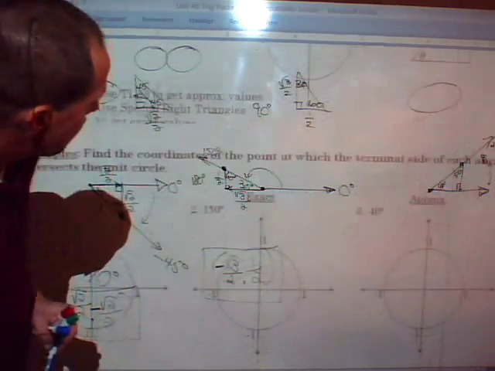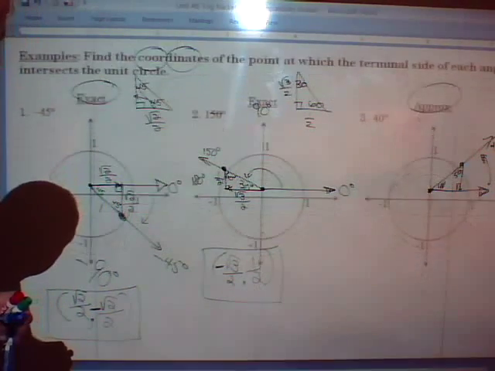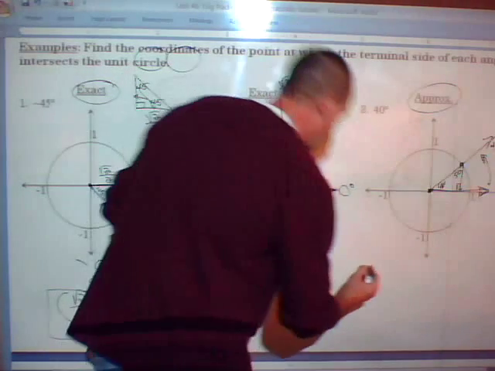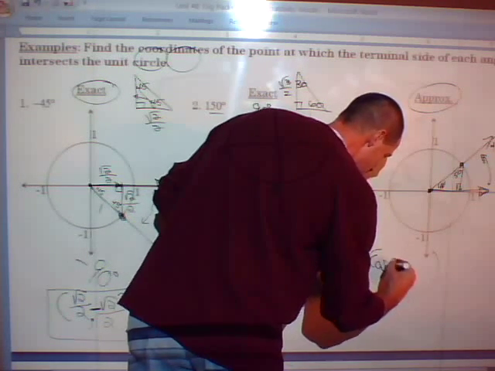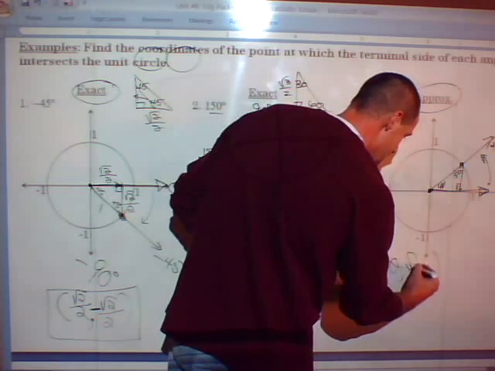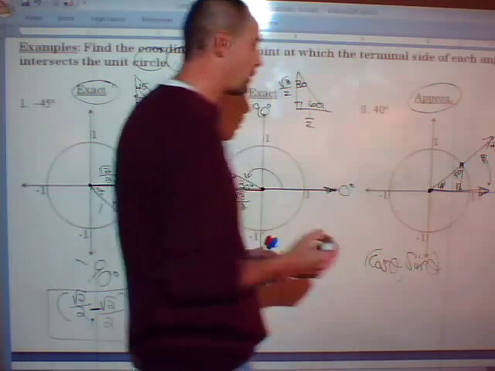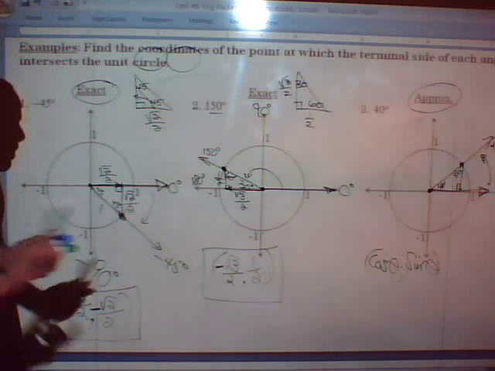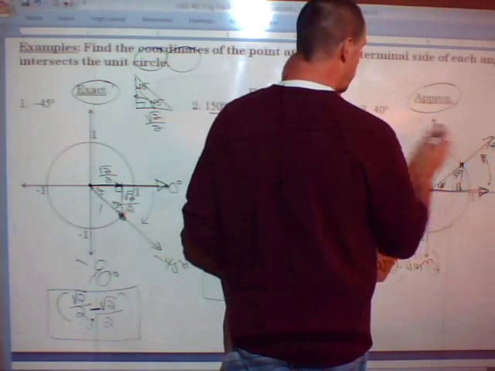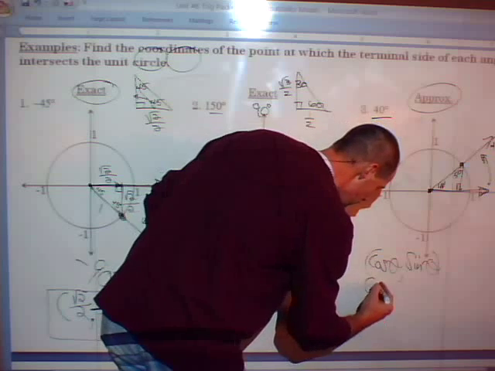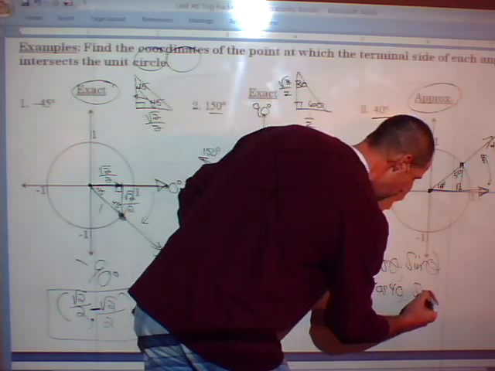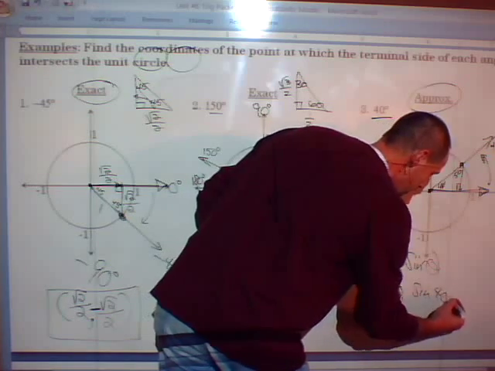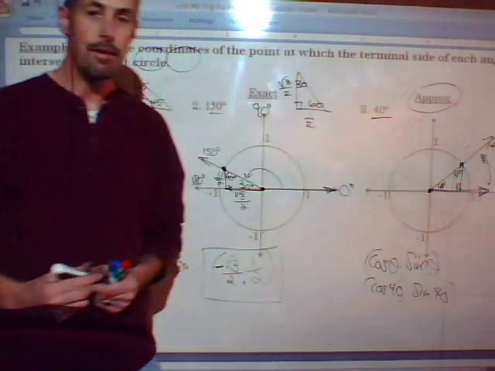So if we come back down here, we know that for the coordinates of the point, the cosine of theta is our x and the sine of theta is our y. Okay? So our angle measurement here is 40 degrees. So if we did the cosine of 40 degrees, we get our x value. If you do the sine of 40 degrees, you'll get your y value.